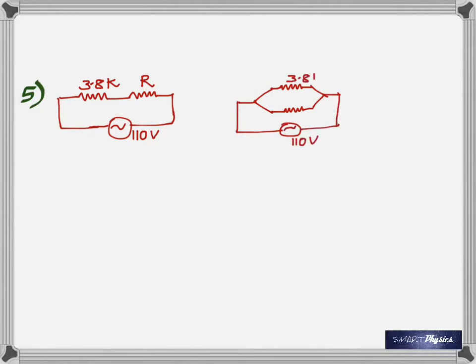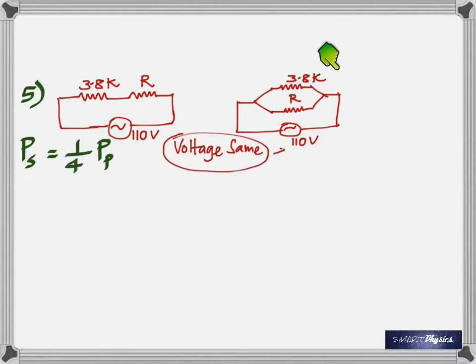First they are connected in series with each other, and then they are connected in parallel. And in each case the power consumed is not given, actually it's compared. It says that the power consumed when they are put in series, that is PS, is 1/4 of the power consumed when they are put in parallel.